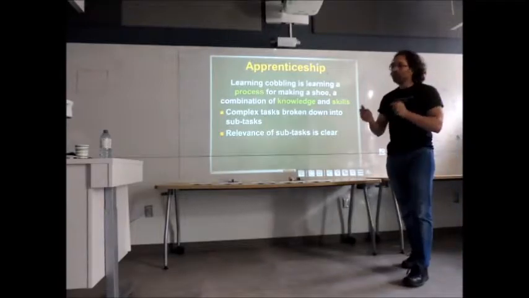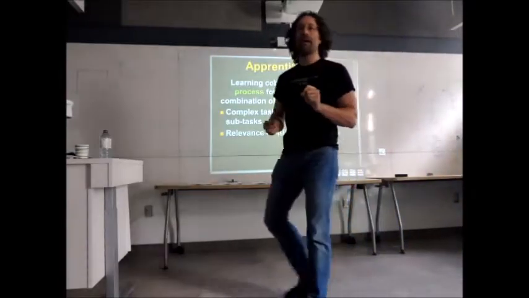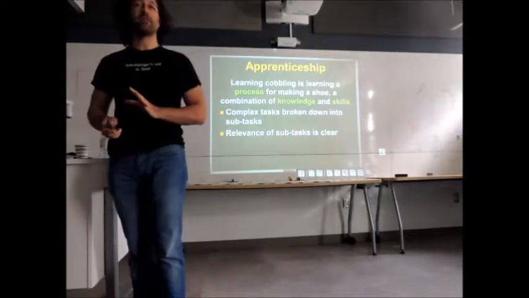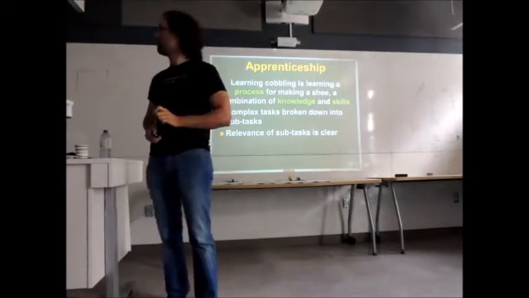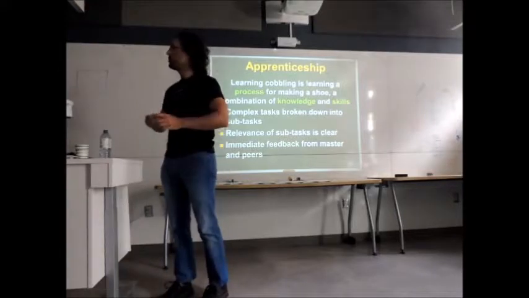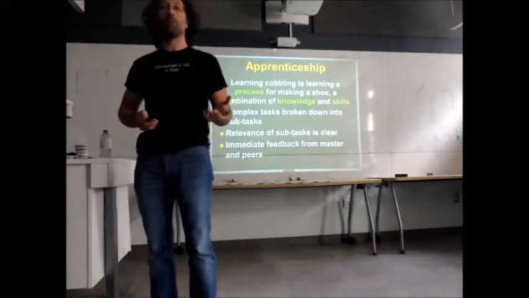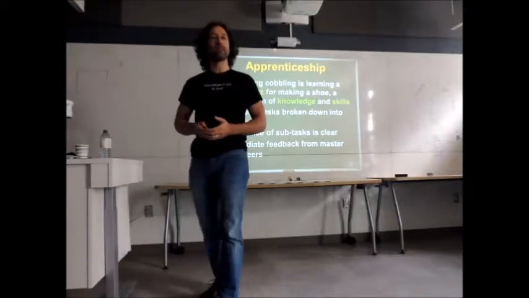And the relevance of each of those individual tasks is almost always obvious to the apprentice. You know why you're doing this. And you're constantly getting feedback, either from your peers or from the master cobbler.